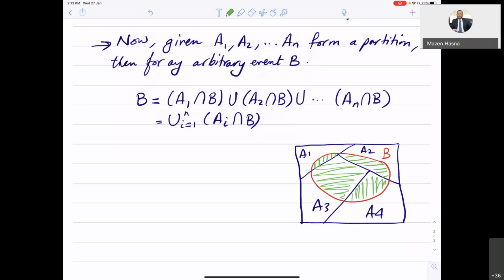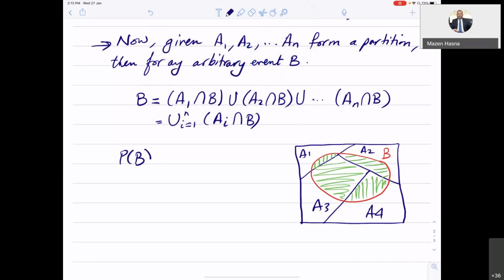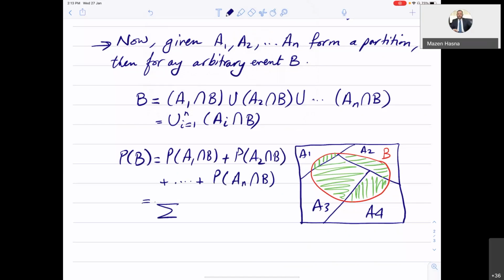So if you add those four parts, you get your event B. So now I can express my probability of B as probability of A1 intersect B plus probability of A2 intersect B plus all the way plus probability of AN intersect B. So simply I can write this as summation from I equals 1 to N of probability of AI intersect B.